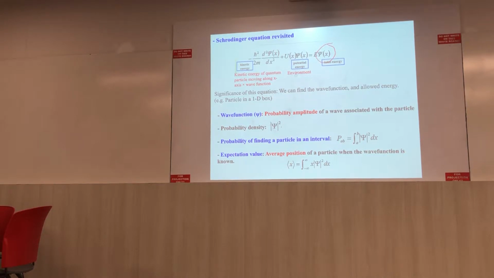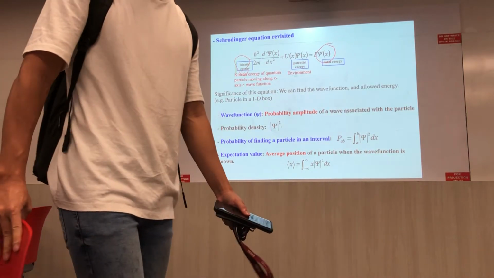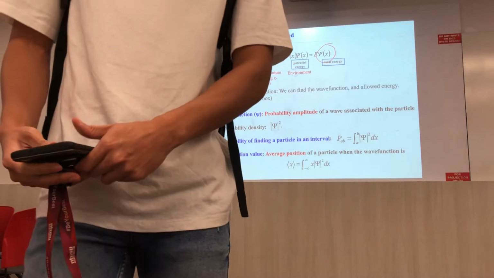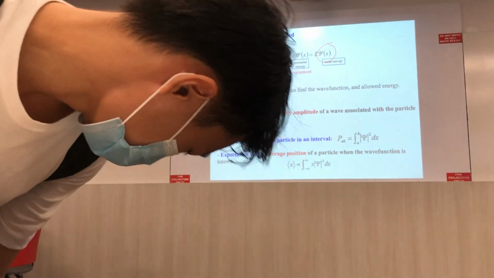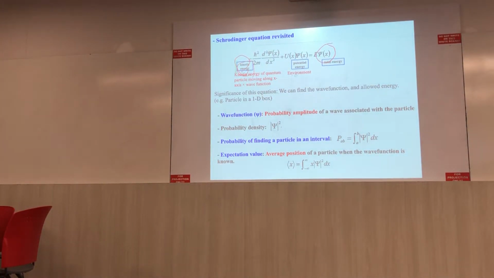So because of that, we have a kinetic energy. Okay? Because although we use a wave function, we actually describe the small particle. So we have the kinetic energy. And then when this electron is traveling in some space, we might have some potential energy in that space, or in the system.